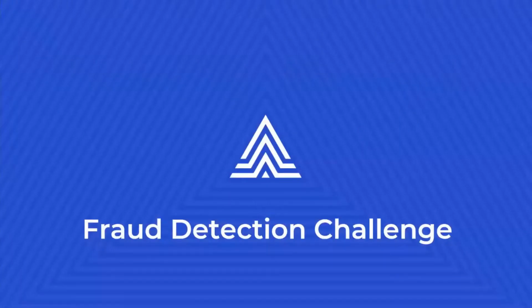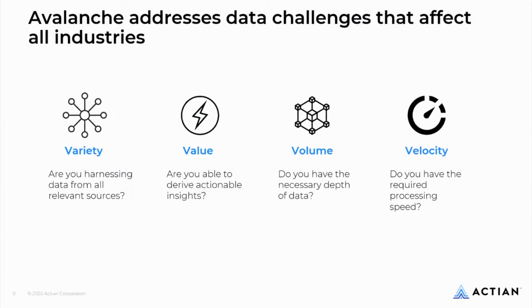So let me share with you fraud detection. Every company who runs fraud detection in any space, in financial, in healthcare, you name it, wants to make sure no one is doing any fraud or potential fraud. The challenge is to run data models to be able to detect any fraud.